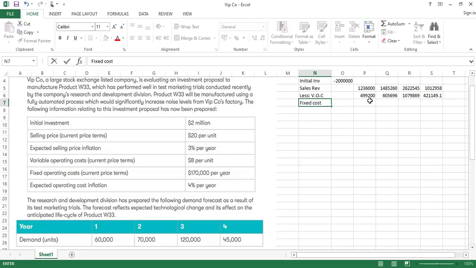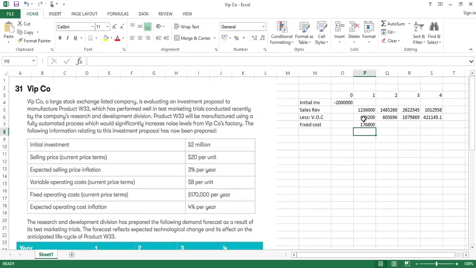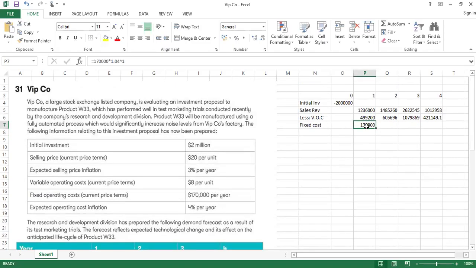Fixed cost is 170,000 per year in current price terms. So 170,000 into 1.04 raised to power 1. Using copy and paste, I think there is something wrong with my right click.